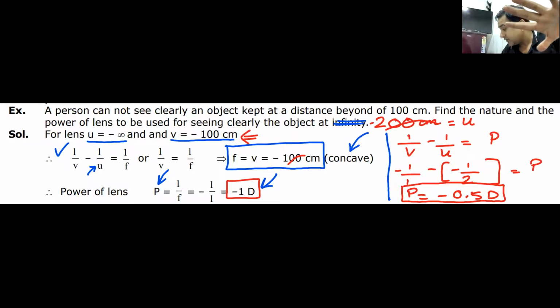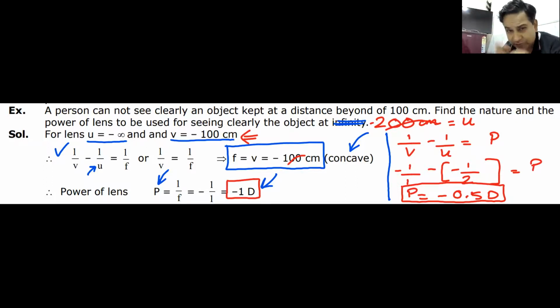Minus 1 is a very big power because I wanted to see things very far off. But if I reduce the power, I will not be able to see things farther off. I would be able to see things only 2 times of what I deserve.